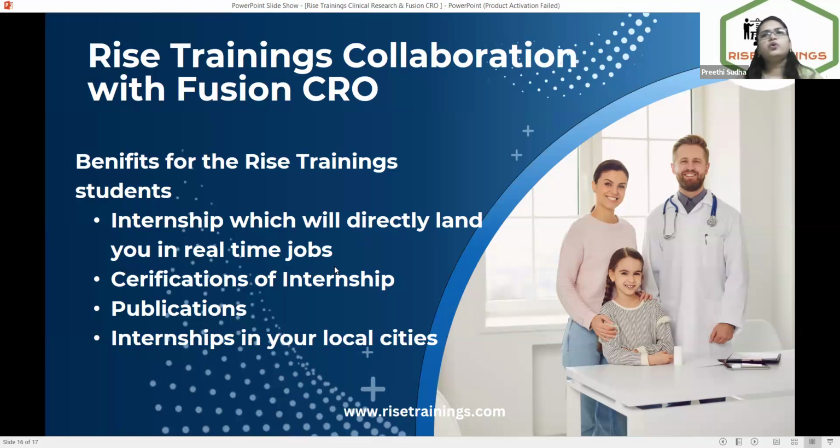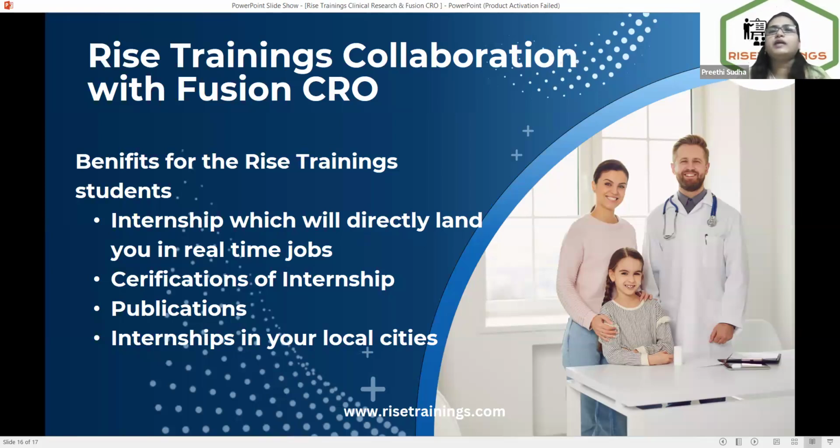Most of the people, we have seen, came up with so many requests from the students asking us to provide an internship. We usually assist them for the job. We give referrals and make the students prepare for the interviews. But many students have asked for an internship opportunity before getting into real-time jobs.